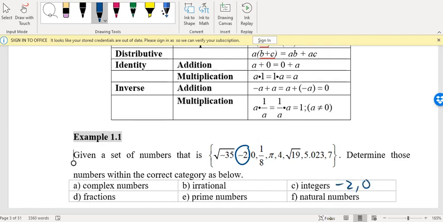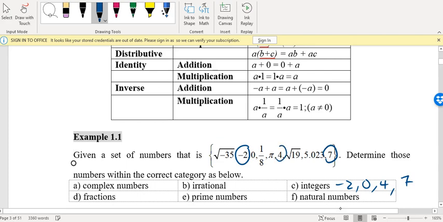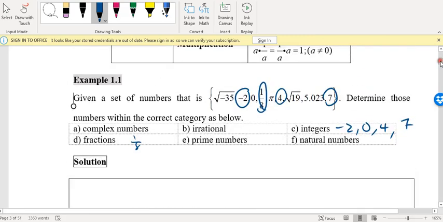Yes, 0. What else? 4, 7, right? Integers. Fractions, you have? Yes, 1 over 8. So just fill in the blank in the box later.